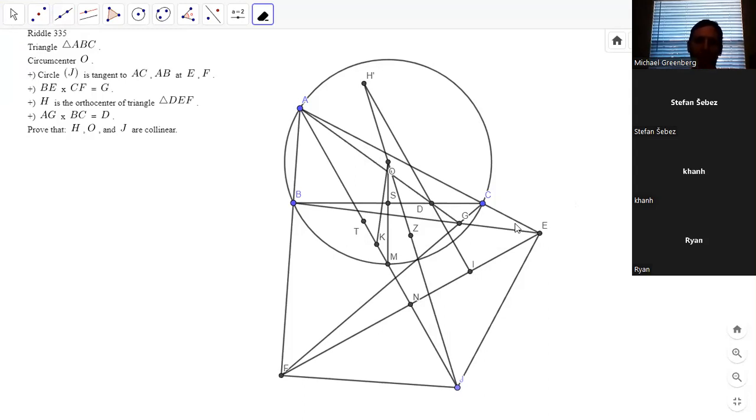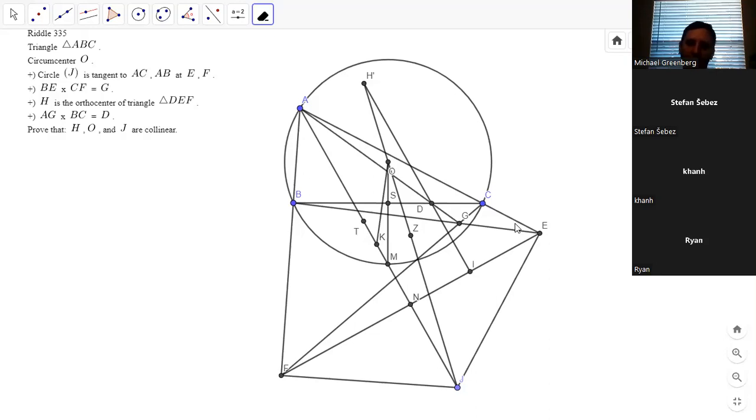So yeah, let's define things like this. So we have JO intersects ID at H prime, and T is the orthocenter of AEF.